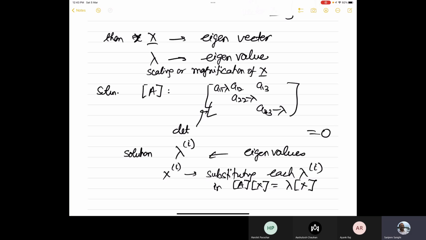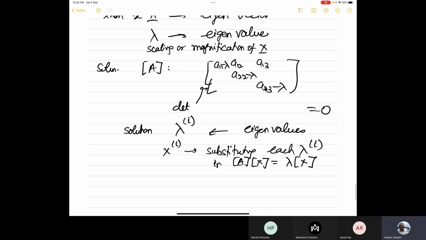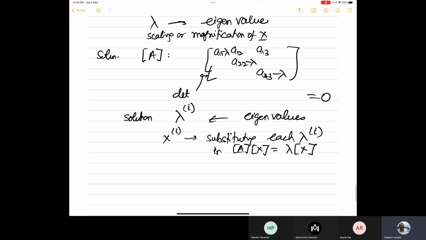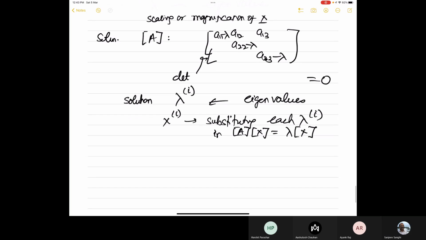So you put them, and normally, if you recall, if you have done these problems, if this vector x has 3 components, you arbitrarily choose one of them as 1 and solve the other components. Of course, when you get the vector, you can make it a unit vector by dividing it by its magnitude. You can do all of that. So this is what the eigenvector and eigenvalues are.